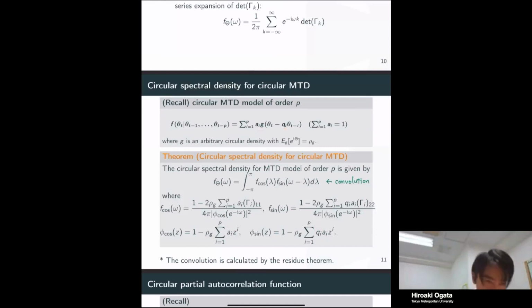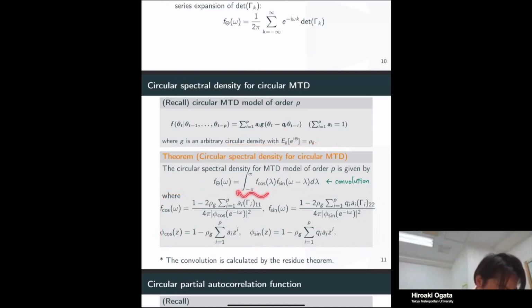So anyway, by these components, we can express these objects, and finally, by calculating the convolutions of these, we can get the circular spectral density for this model.